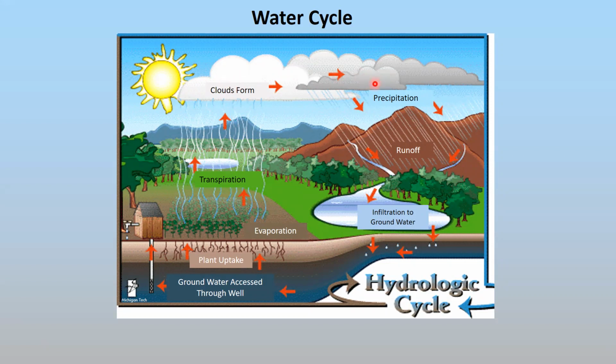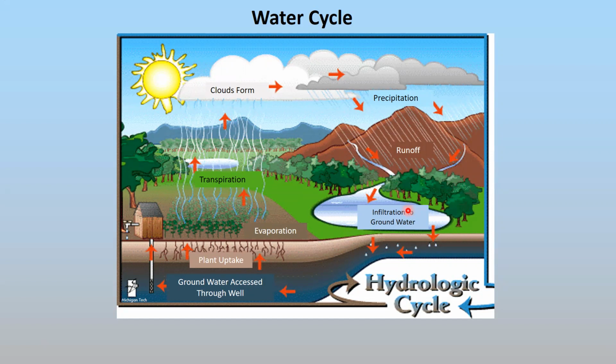Then we have different types of precipitation, snow, ice, and then that water hits the ground or the water surface. As it hits the ground surface, it's removing soil particles, minerals, also taking with it any sort of contamination on the surface from various activities.